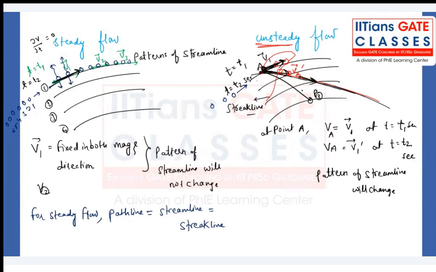They may travel with different path lines, and we can have different streamlines and different streak lines. So for unsteady flow, we cannot say the path line is equal to streamline is equal to streak line. Getting my point?